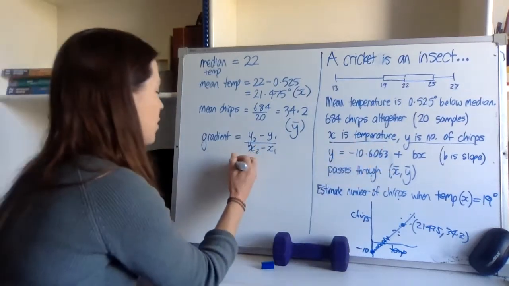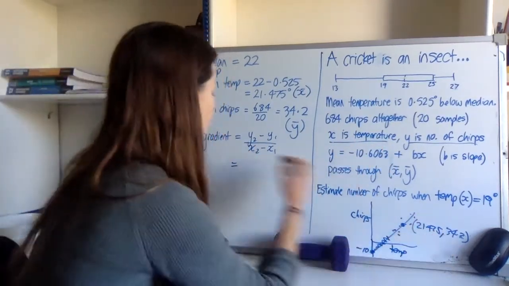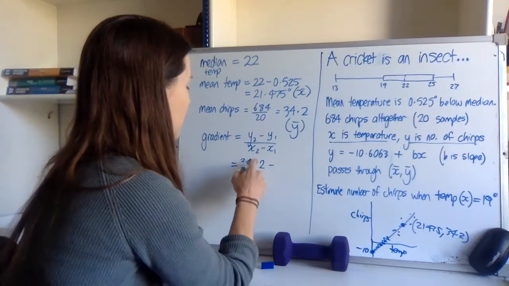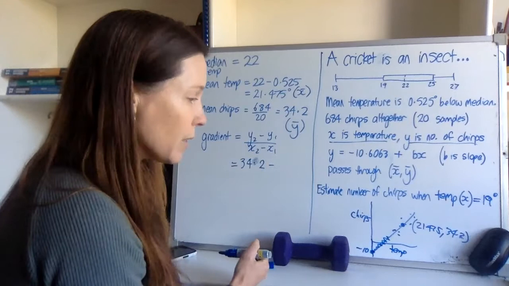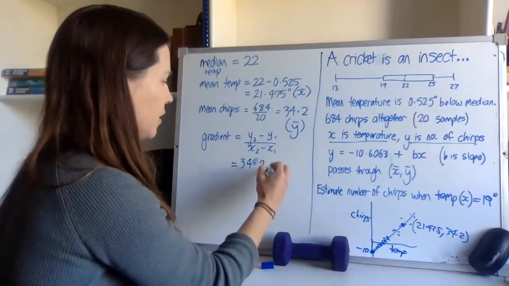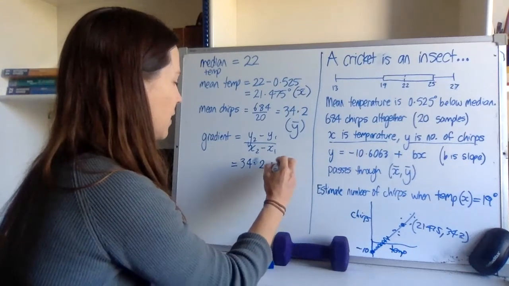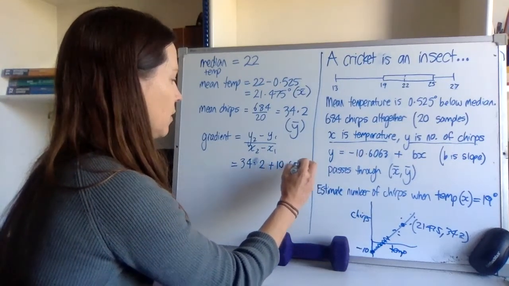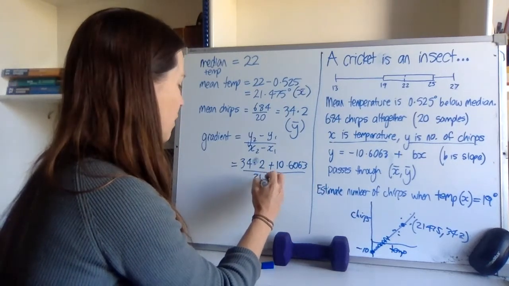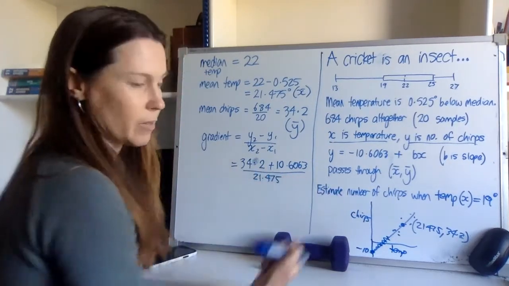So here in your working, you're going to go 34.2, minus this y value. And if you're subtracting minus 10, that's like adding, over 21.475 minus 0.